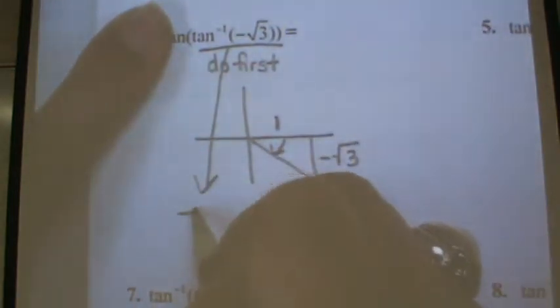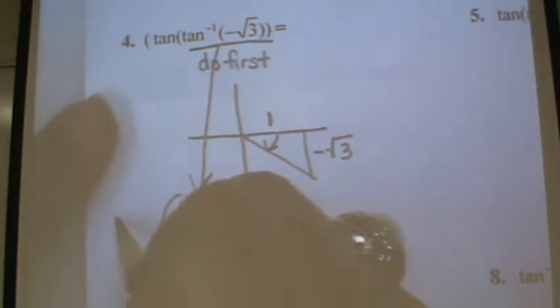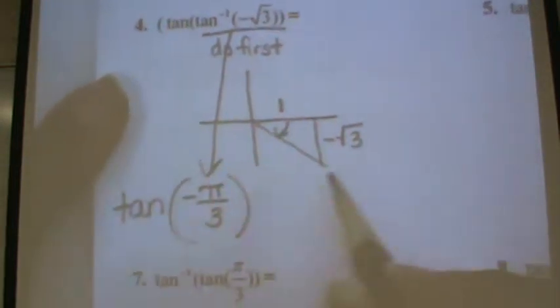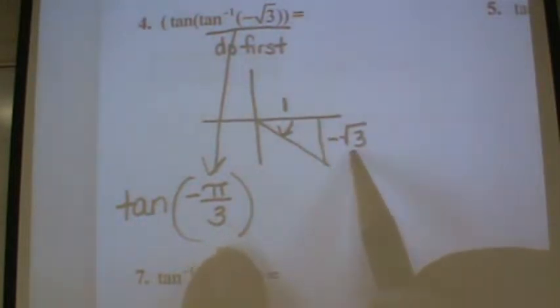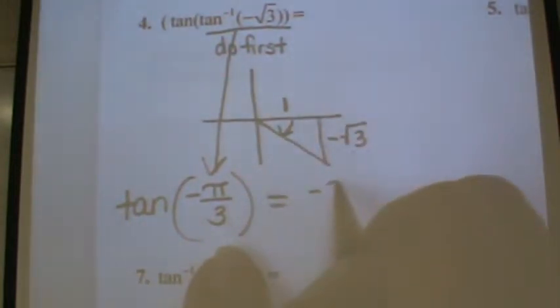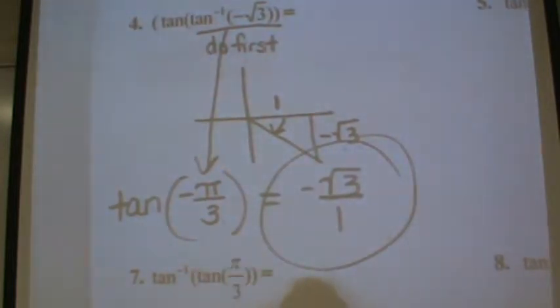Negative 60. So this answer right here is negative pi over 3. Now I want to know what is the tangent of a negative 60-degree angle, and guess what? It's the same thing, negative root 3 over 1. So this happens to be the same answer. That's the answer.